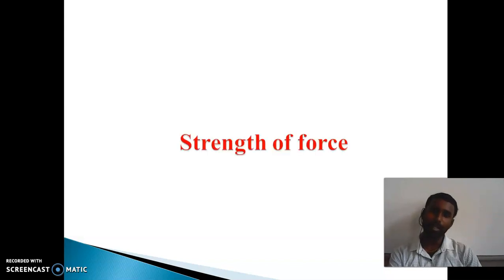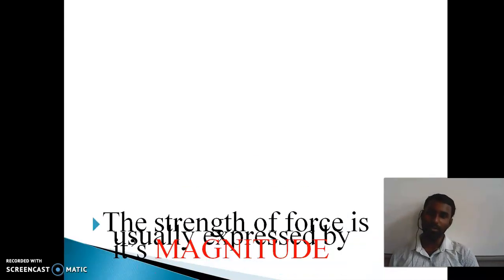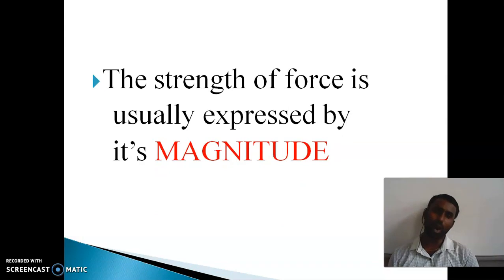Okay, the next one, see here, strength of the force. What will be the strength of the force? How can we denote it? In that example, the person standing on this side had more force, which means he had more strength of force.